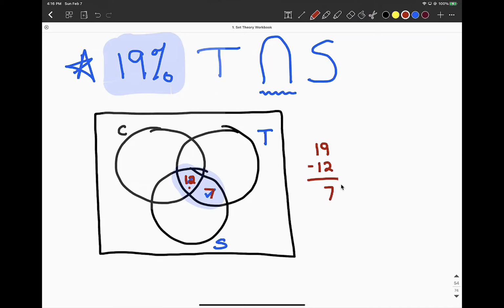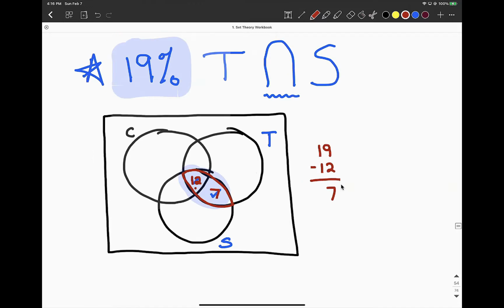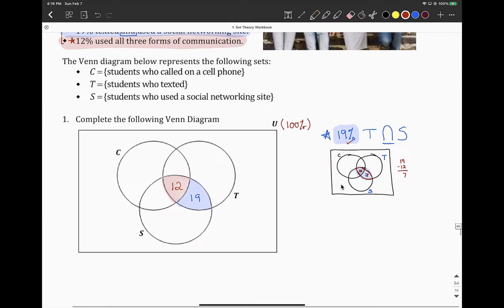This is the intersection of T and S, which has now been broken into two separate regions, but it does add up to 19. We have maintained the 19, but we have a little bit of subtraction to work with here. So I'll update that this needs to be 7 to create my 19.